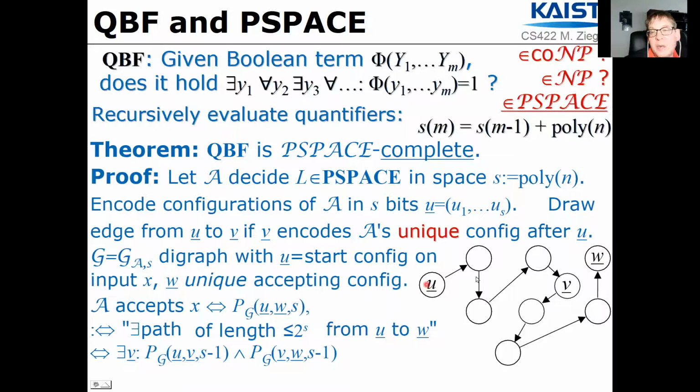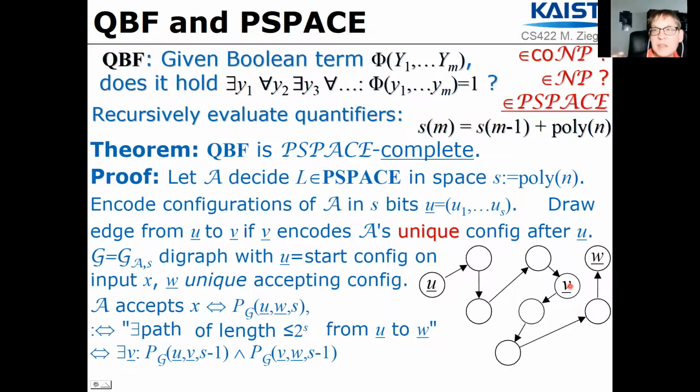If there's a path from U to W of length 2 to the S at most, then there must be an intermediate vertex halfway between U and W, a vertex whose distance from U is at most 2 to the S minus 1, and whose distance from V to W is also at most 2 to the S minus 1.